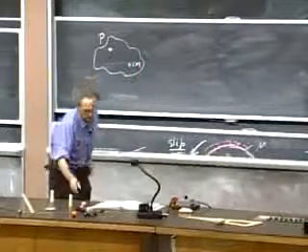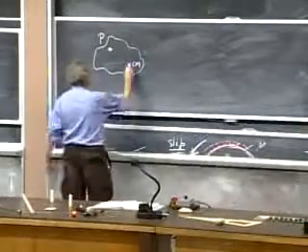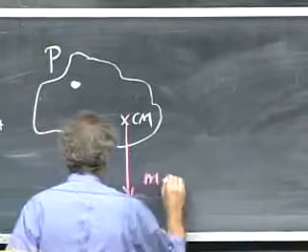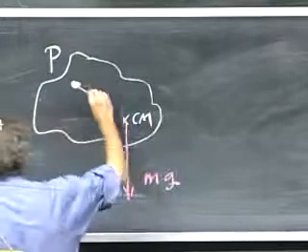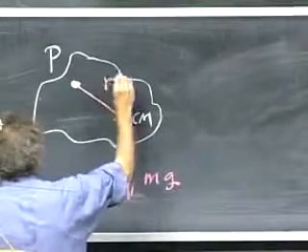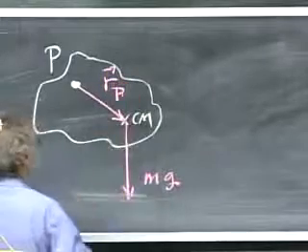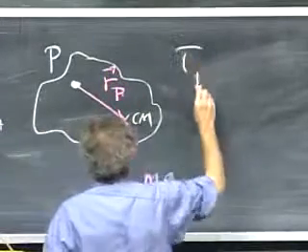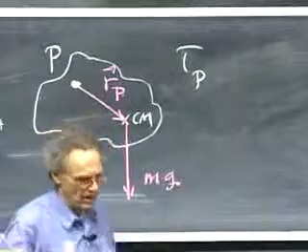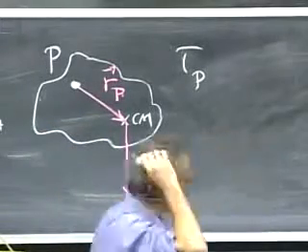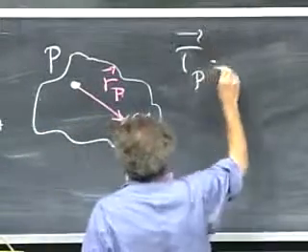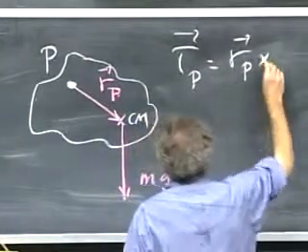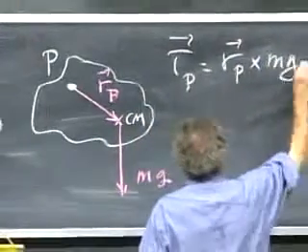and so there is a force. If this object has a mass little m, there is a force mg, and here is the position vector r_P, and so it's clear that there is a torque relative to point P. And if there is a torque relative to point P, it would be r_P cross mg.